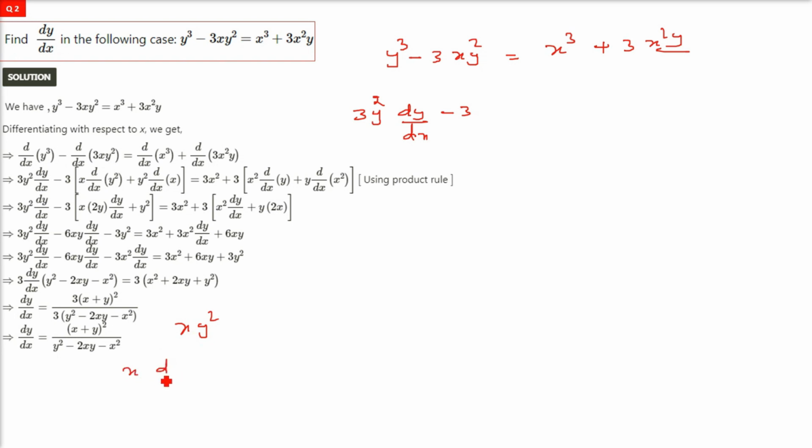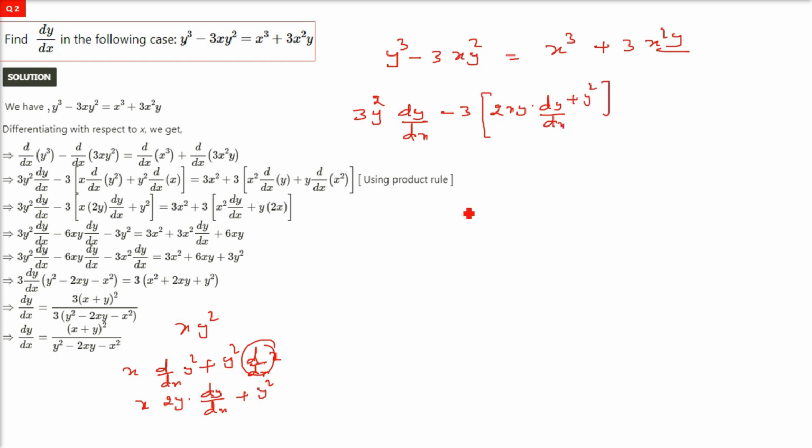So x d by dx of y square plus y square d by dx of x. So x, this is going to be 2y, and then dy by dx, plus y square times d by dx of x, which is going to be 1, which I told you in the previous question. So finally what do you get? You get 2xy dy by dx plus y square. I hope you got the idea.